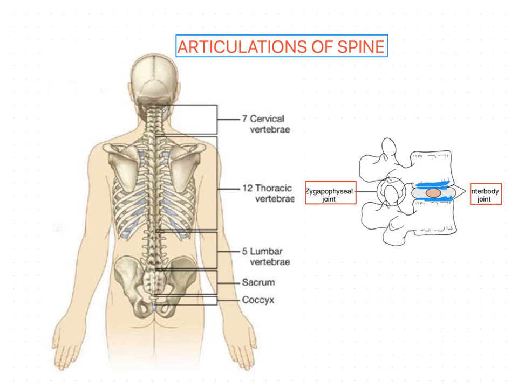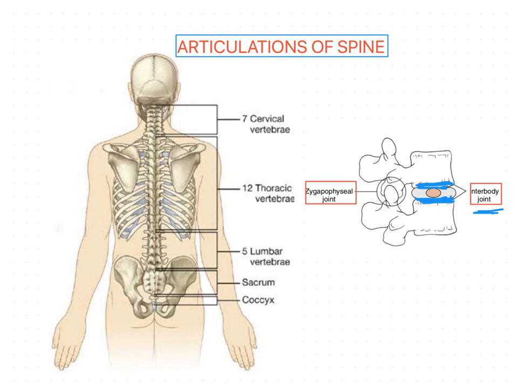The joint is formed between either the superior plateau of one vertebral body or the inferior plateau of the other vertebral body, and the intervertebral disc. Such joints are called interbody joints. This interbody joint comes under the cartilaginous joints of the symphysis type.